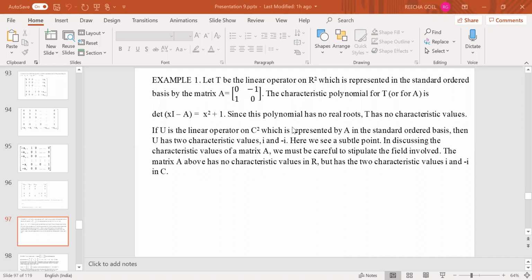Okay. Now, for example, it may be a repetition, but for the sake of clarity, let me just restart. Let T be a linear operator on R square, and suppose with respect to the standard basis, that is with respect to (0,1), (1,0), the matrix of T is given by 0, minus 1, 1, 0.